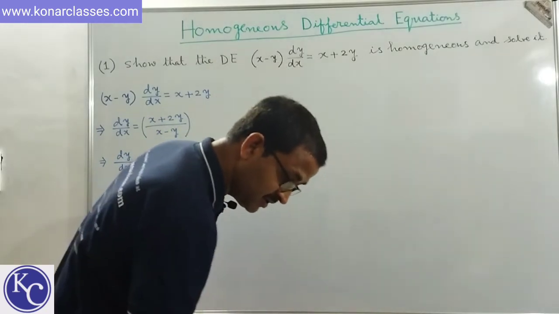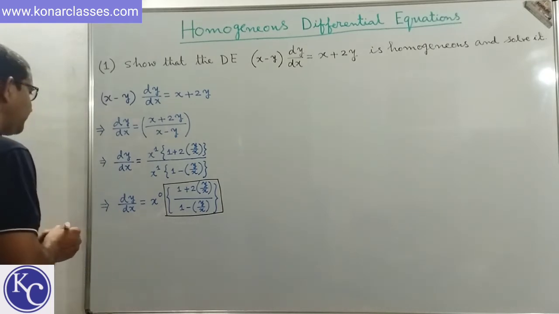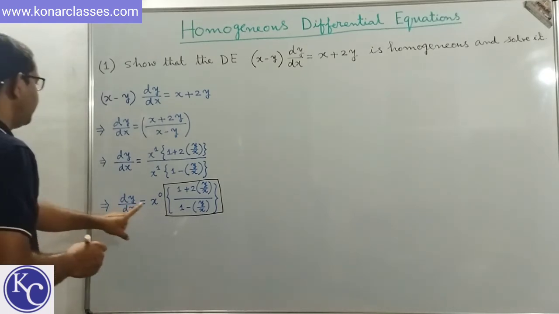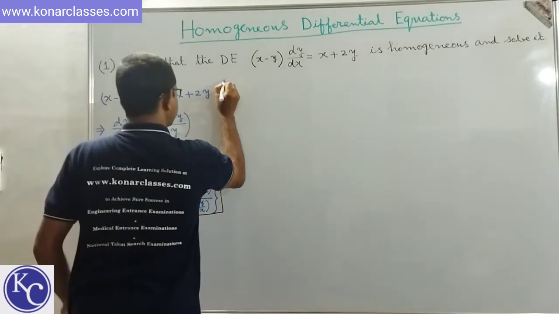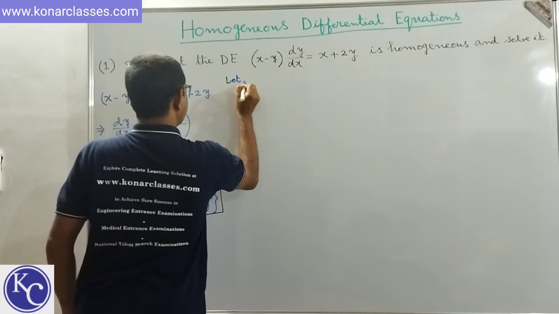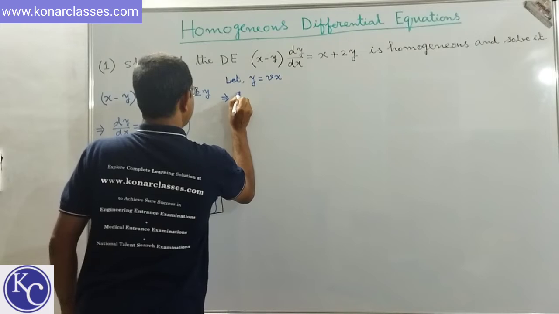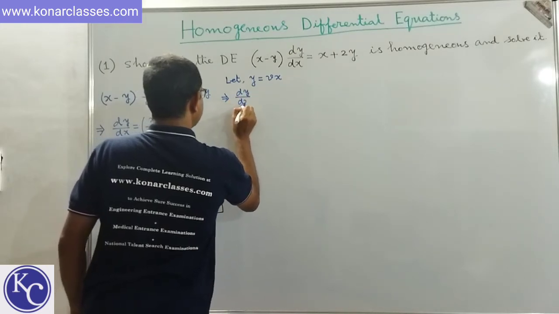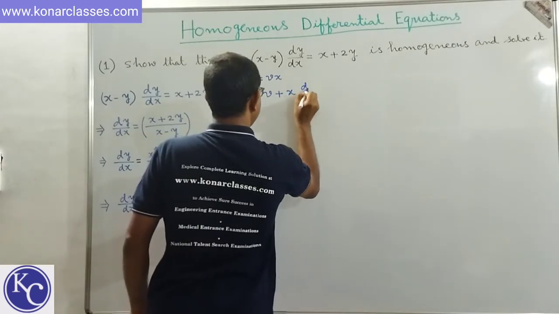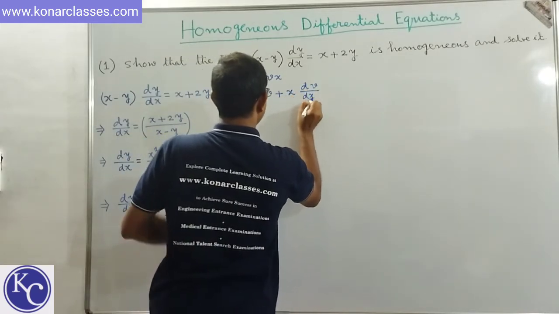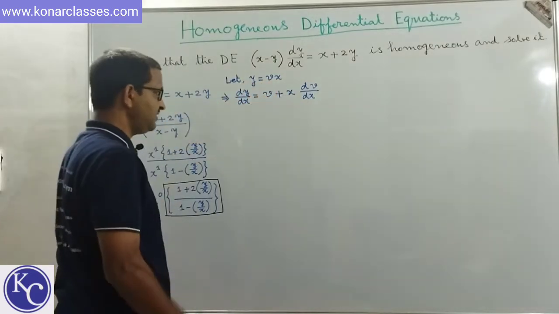Now how to solve it? For the solution, we are going to make the substitution y equal to vx. Let y equal to vx. This implies dy/dx is equal to v plus x dv/dx, by the product rule on the right hand side: v into d/dx of x, that is 1, plus x into d/dx of v, that is dv/dx.